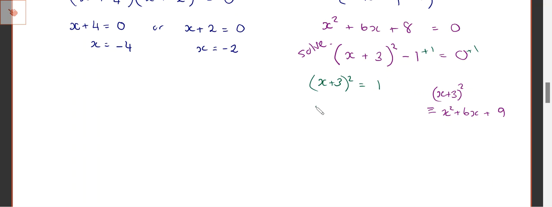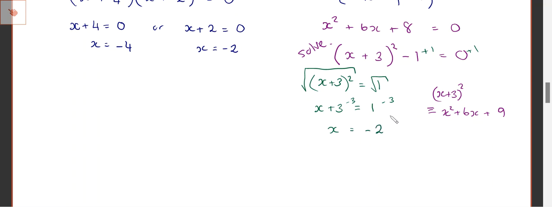If I square root that side, I get left with just the x plus 3. And if I square root that side, because it's a nice, simple, easy one, what's the square root of 1? 1. Then we minus 3. So if we minus 3, we get x equals negative 2.